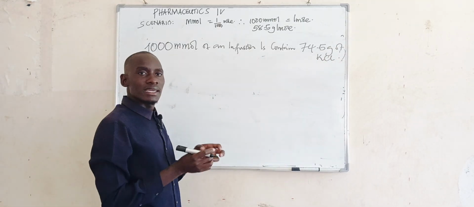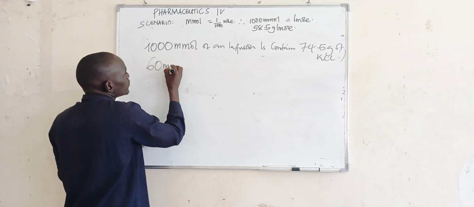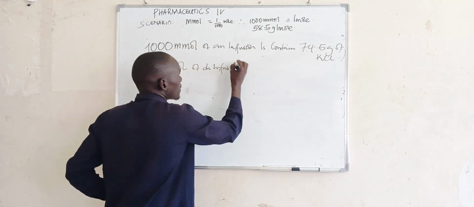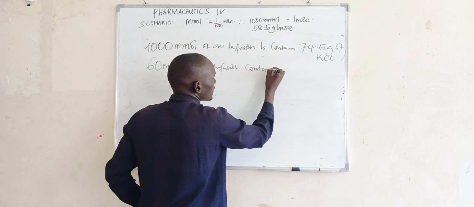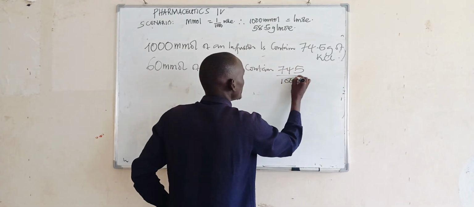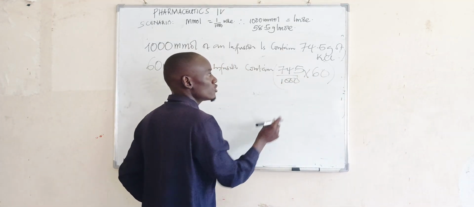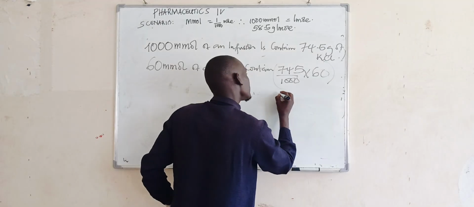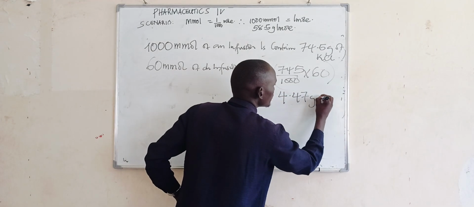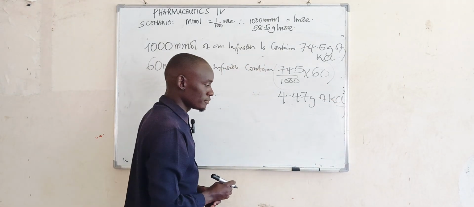How about the 60 millimoles? It will contain 74.5 divided by 1,000 times the 60. The millimoles and the millimoles will cancel, and we shall remain with 4.47 grams of potassium chloride in our required volume.